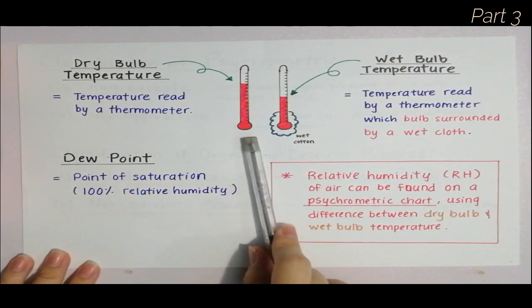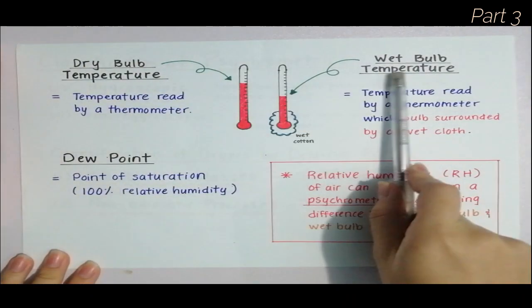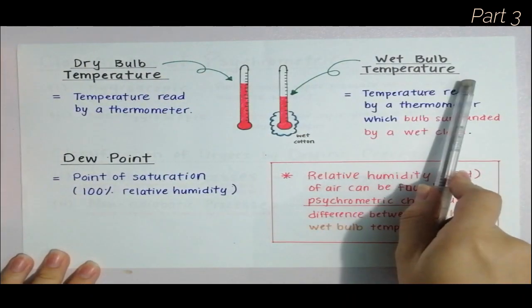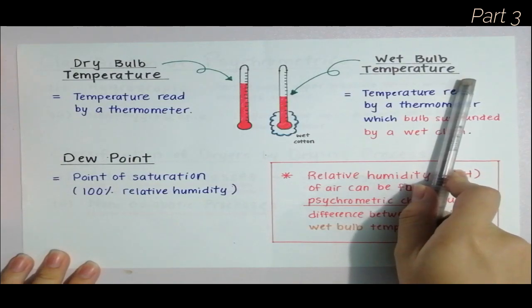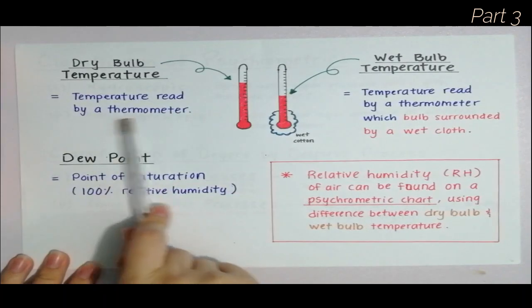As you see in the diagram, the first one is the dry bulb temperature and the second one is the wet bulb temperature. So what's the difference? Dry bulb temperature is the temperature read by a thermometer.